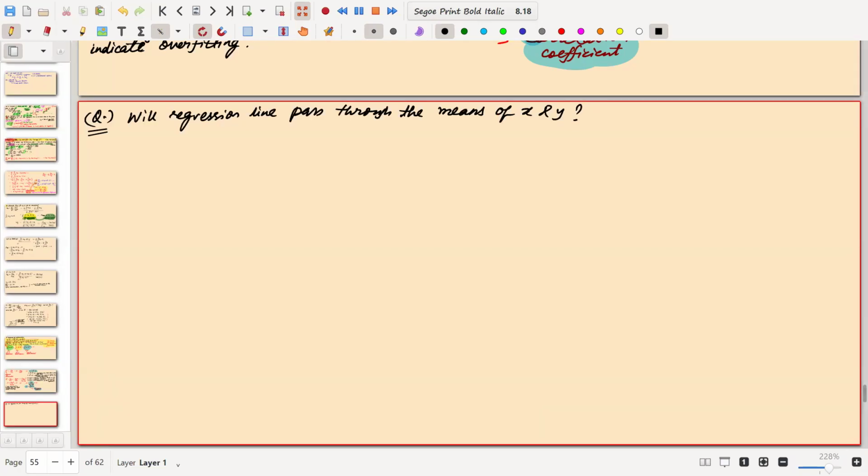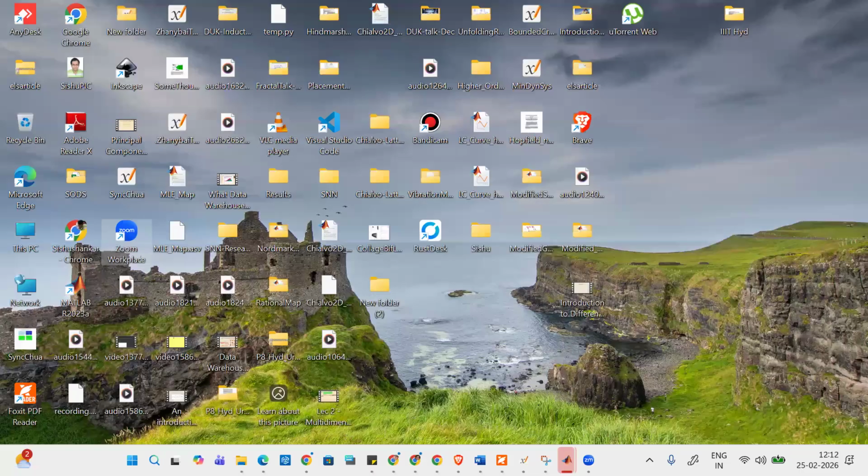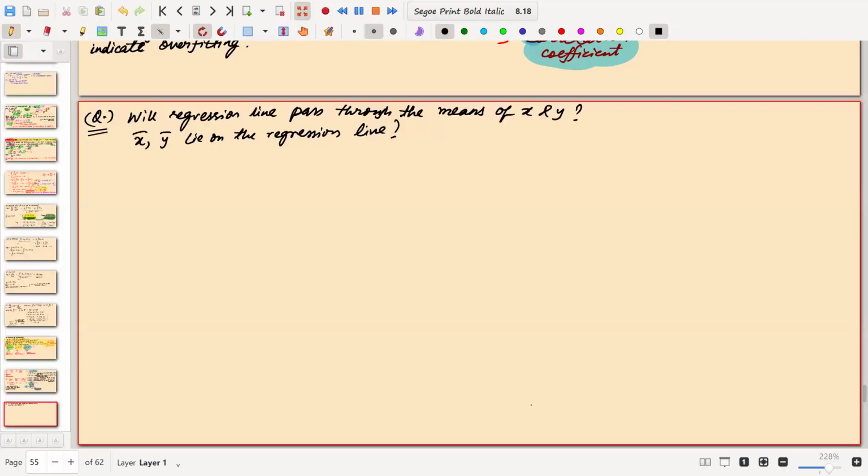I mean to say, will X bar, Y bar lie on the regression line? Is it mandatory, or might it not lie?